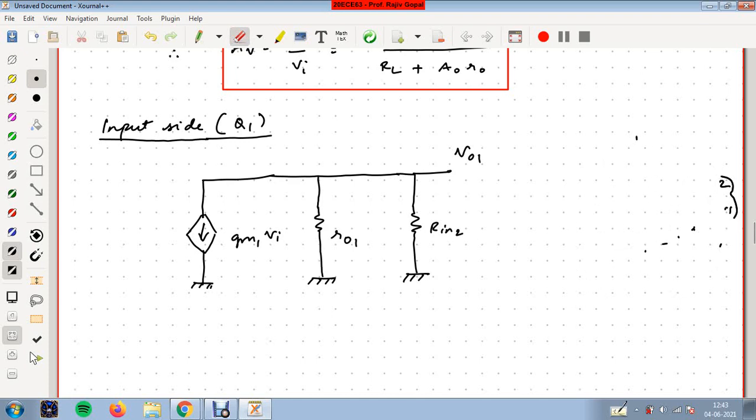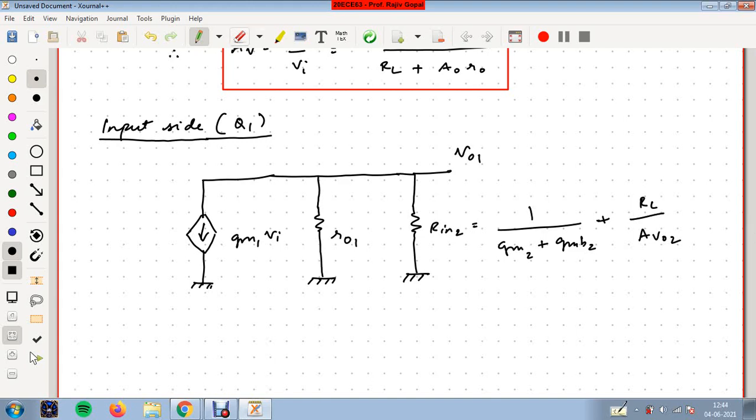So here R into, which we already derived, is simple: 1 by gm plus gmb2, plus RL divided by A0. But the underlying condition which we assumed was that both the MOSFETs are identical.